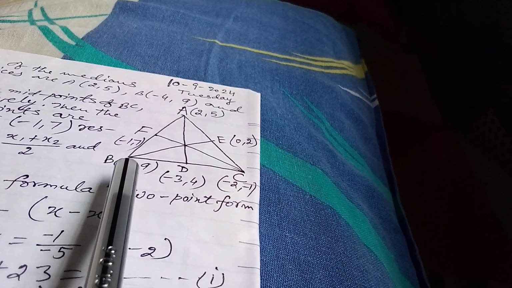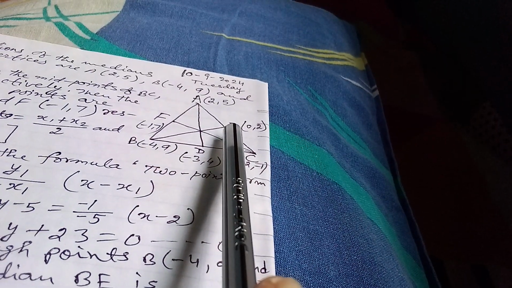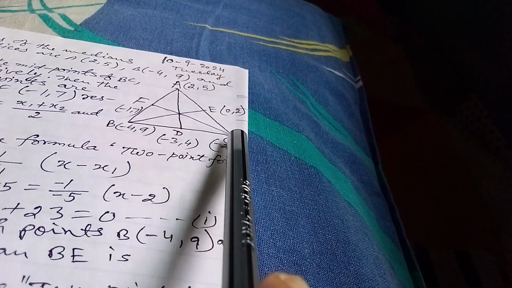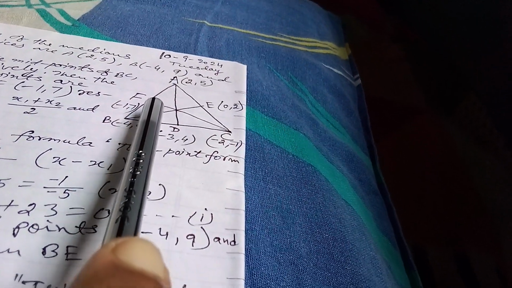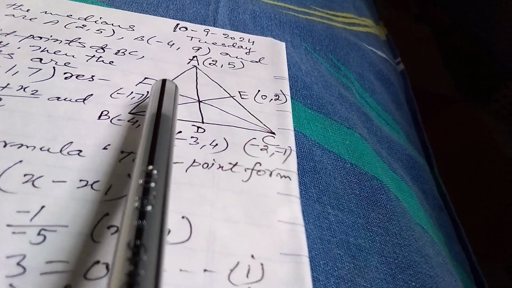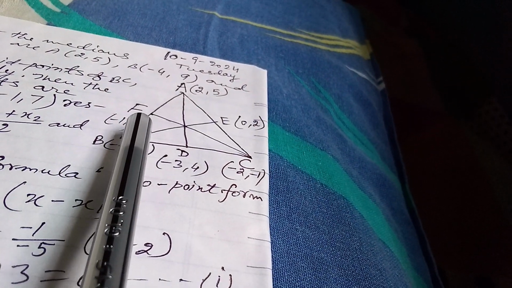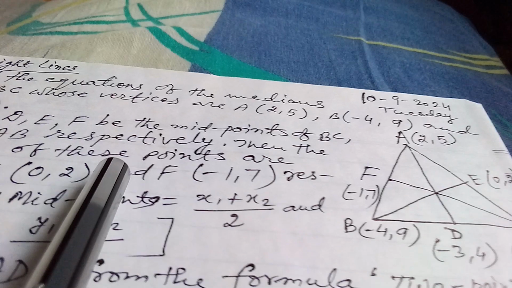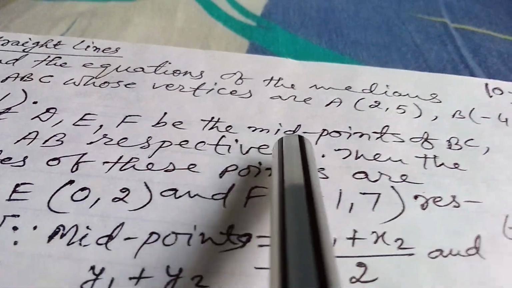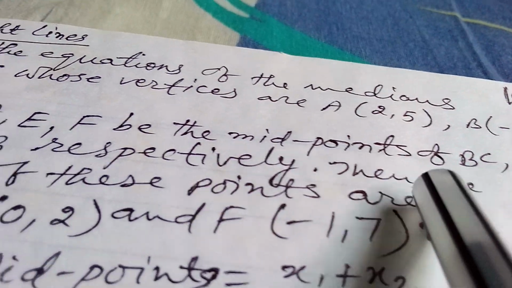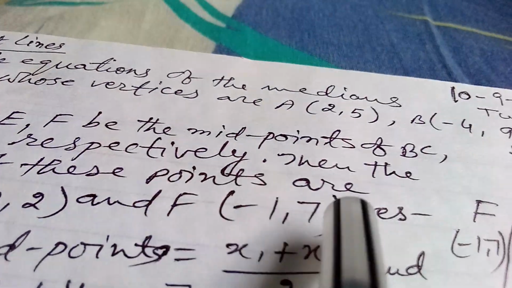In the same way, BE is a median, and its coordinates we can find by the midpoint formula. In the same way, CF is another median, then F coordinates we can find by the midpoint formula. Okay, so the solution is, let D, E, F be the midpoints of BC, AC and AB respectively.